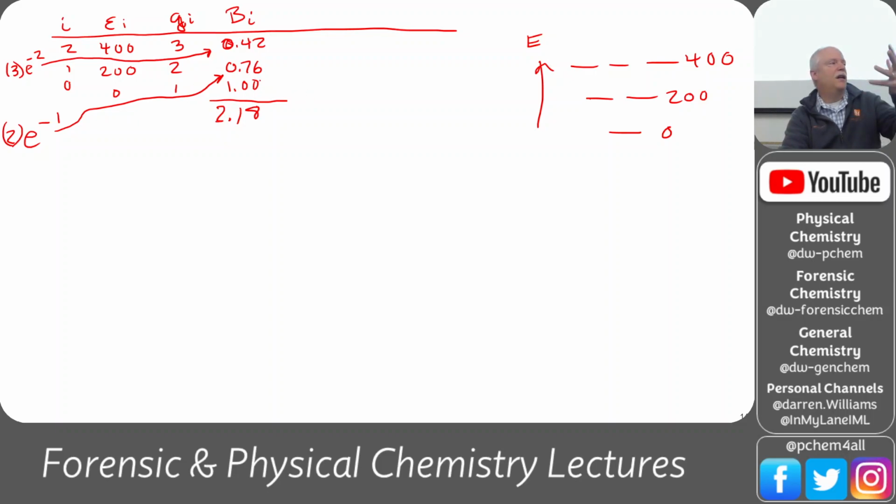Now these were all calculated at room temperature, so the temperature hasn't changed. All we've changed is the degeneracy. Let's calculate our probabilities. So here we're going to need a calculator. 0.42 divided by 2.18 is 0.193. And 0.76 divided by 2.18 is 0.349.